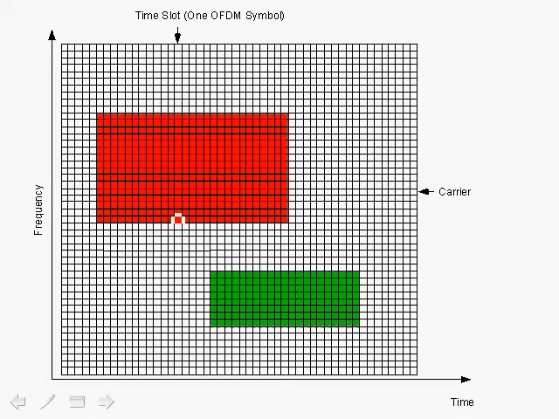Now imagine that a base station is sending this data to multiple receivers, multiple subscribers. Each subscriber receives the OFDM symbol, performs a forward FFT, and recovers the original carriers. Now imagine that each receiver knows its own data region.